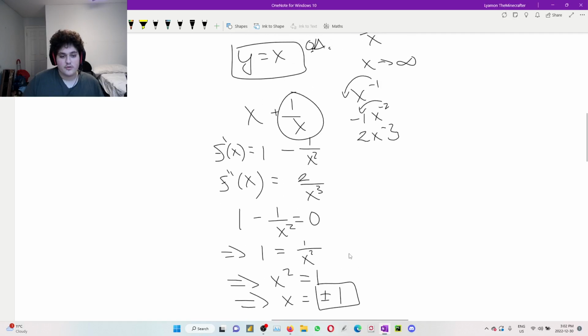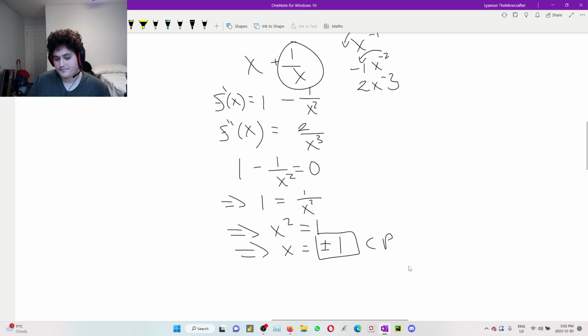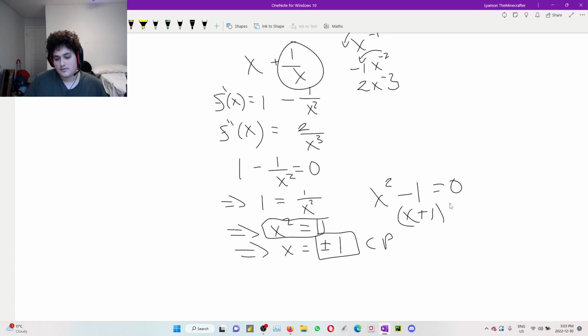These are our critical points. Just bring this to the other side, multiply both sides by x squared, and take plus or minus. If you really wanted, you could write it like this, and it's a difference of squares, and the solutions are just 1 and negative 1.